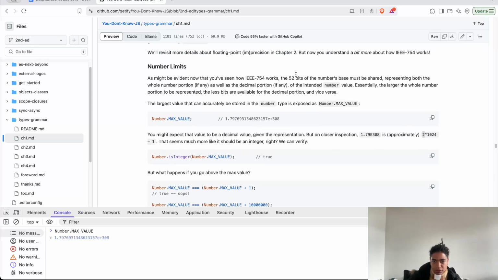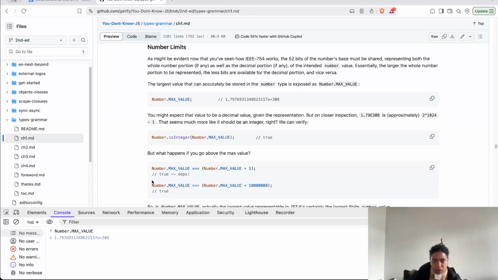So the 52 bits of the number base must be shared, representing both the whole number and the partial number. So this is the maximum integer value that we can represent. This is important to know. The maximum integer value that we can represent.